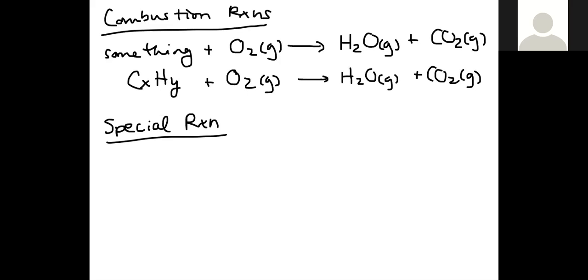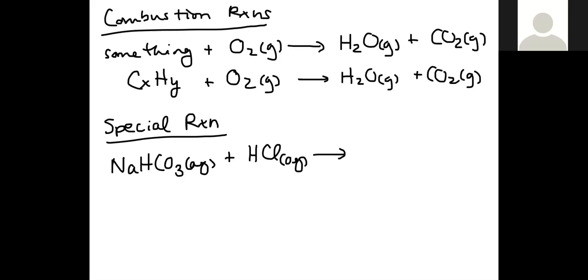Okay, so NaHCO3 aqueous plus HCl aqueous creates H2CO3. The H from HCl went with the HCO3 from the sodium bicarbonate, and they made H2CO3, and then you have NaCl.